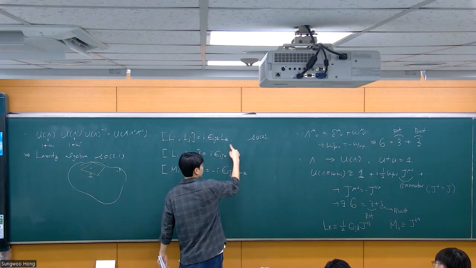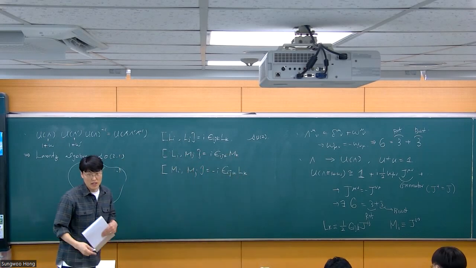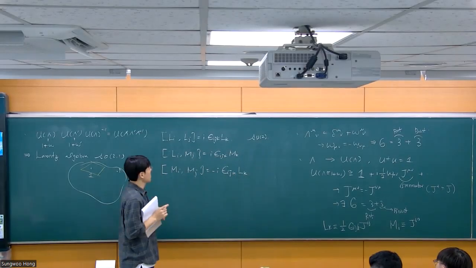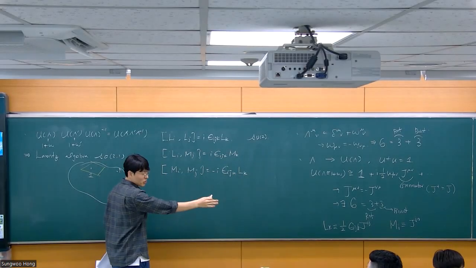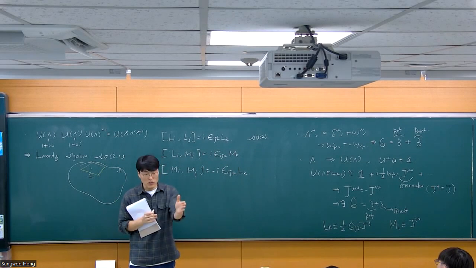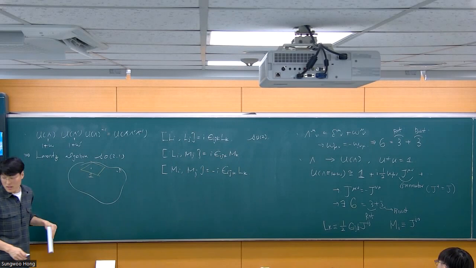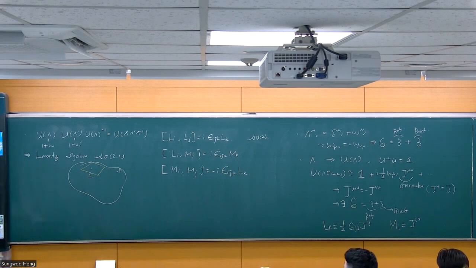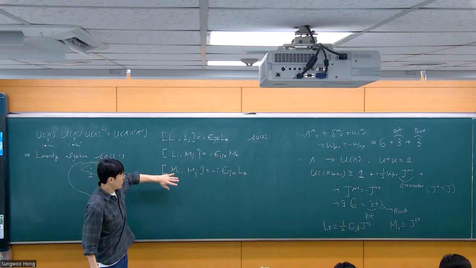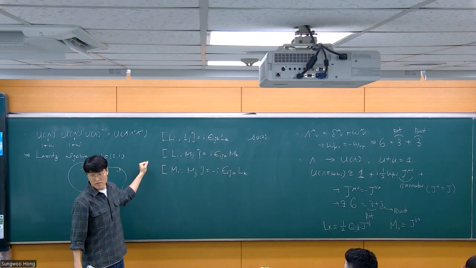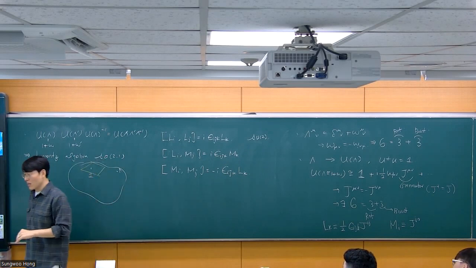This basically tells you that this boost generator is a vector under SO(3) rotation. If you do the boost together twice, then it can be represented by a single rotation. That's what it says. Anyway, this is the Lorentz algebra. Now we will study what all the possible irreducible representations of this are, in technical terms. That's what we want to understand.